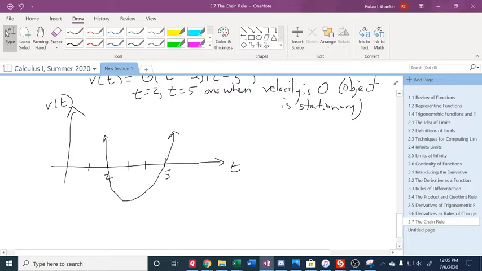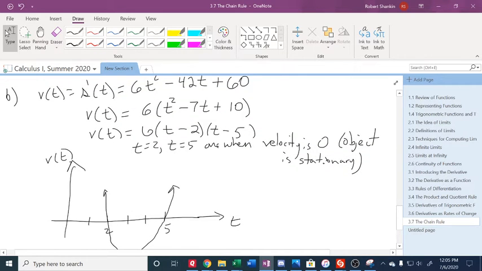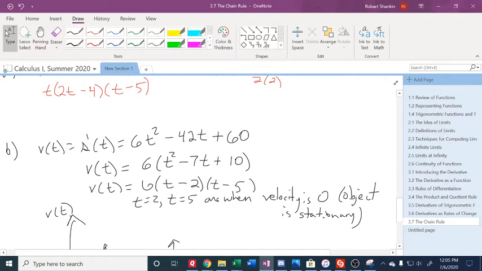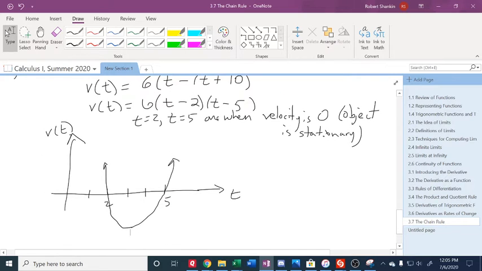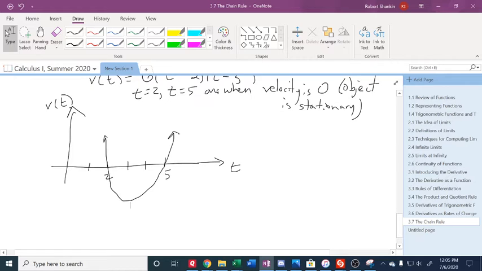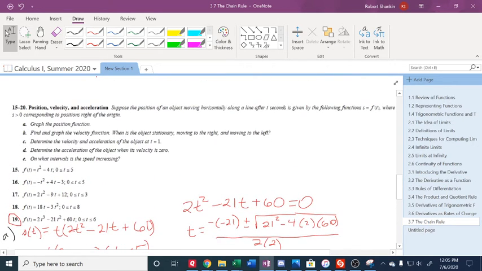Now, this is the derivative, because it's s prime. When the derivatives are negative, we're below the x-axis. So to answer the question, when is the object stationary? We did that at 2 and 5. When's it moving to the right?